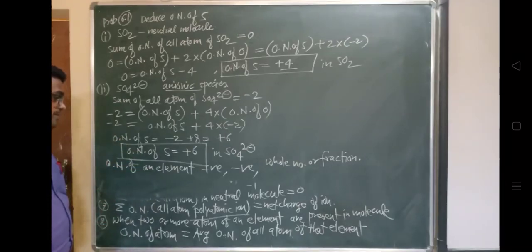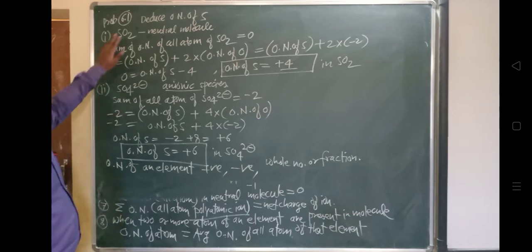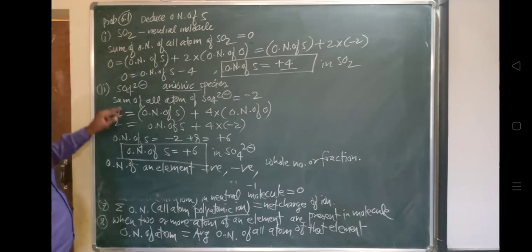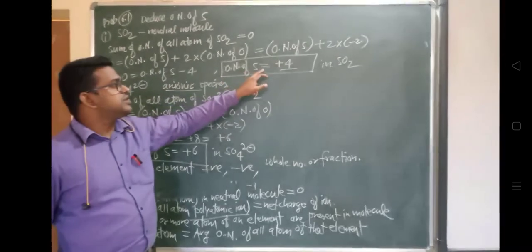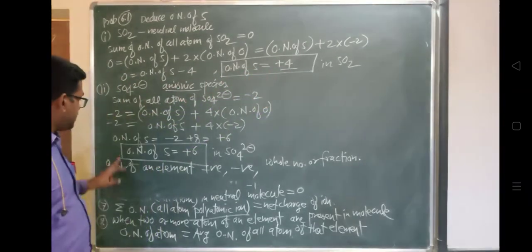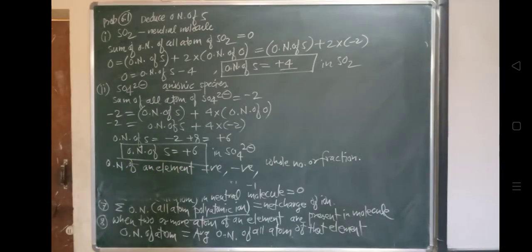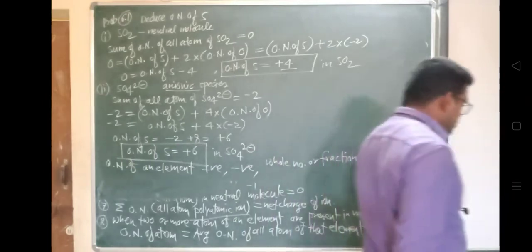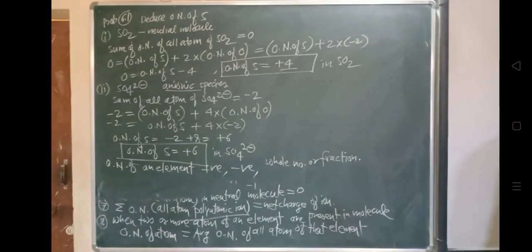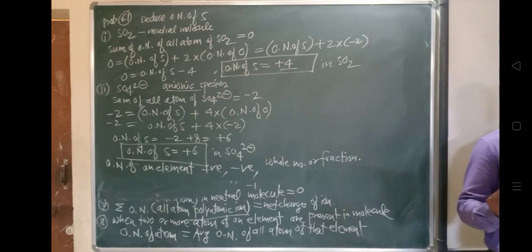So we have deduced the oxidation number of sulfur as +4 in SO2 and +6 in SO4 2 minus. The next portion, the stock notation and redox reactions in terms of oxidation number, we will see in the next lecture.